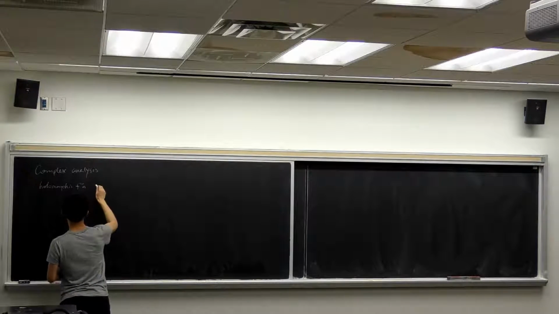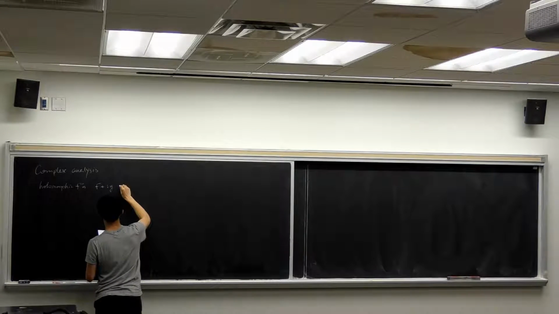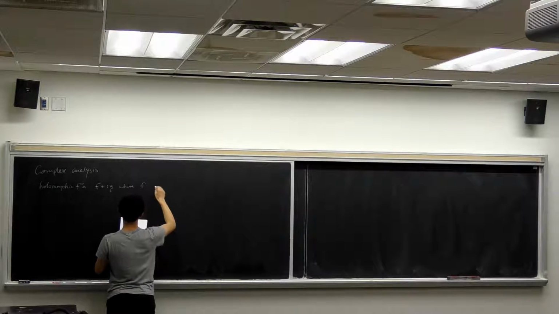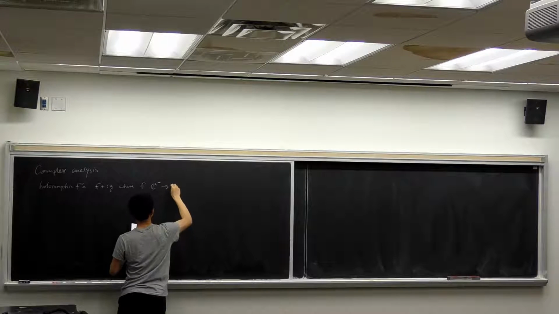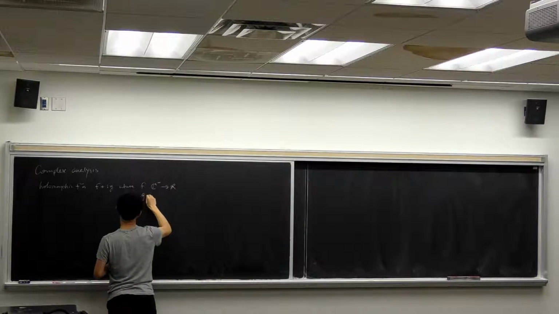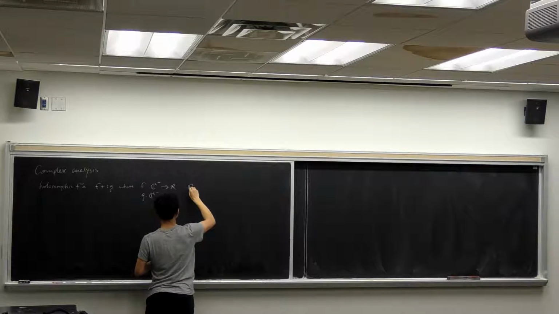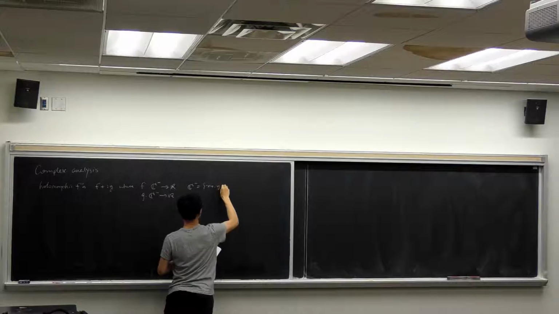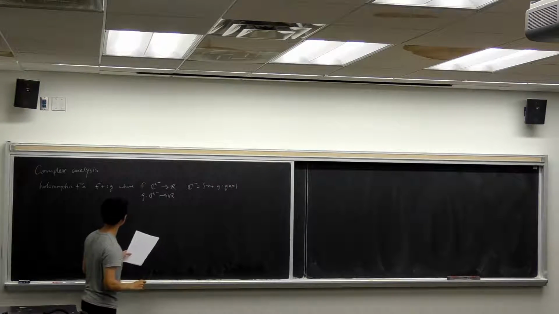So a holomorphic function f plus ig, where I am only going to consider functions on C minus, the lower half plane, x plus iy with y less than 0.